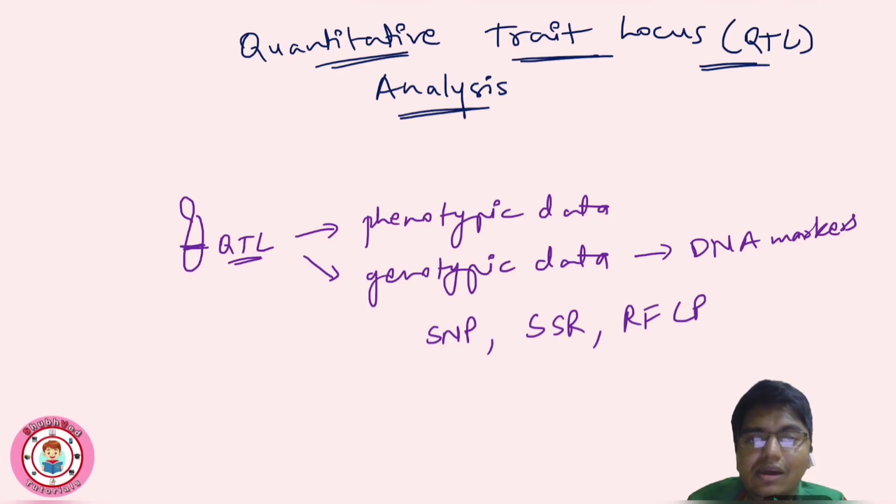Okay, and the unlinked markers will not show any segregation or any correlation with the phenotypes, right? So this analysis is done like this. So we want to remember this: DNA markers, SNP, single nucleotide polymorphism, SSR, simple sequence repeats, also known as microsatellites, and RFLP, restriction fragment length polymorphism. So this is the method of analysis.